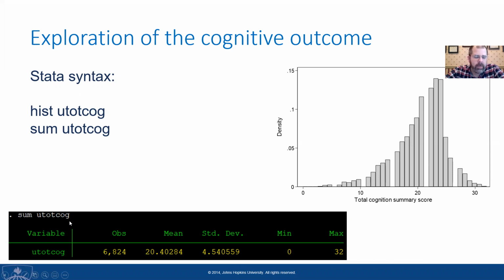And I'm also summing the variable, and I can see that there are 6,824 observations in the data set that have the cognitive score. And indeed, this does confirm that the variable has a range from 0 to 32 points. On all of these slides, I'm providing Stata syntax, usually on the left-hand side.